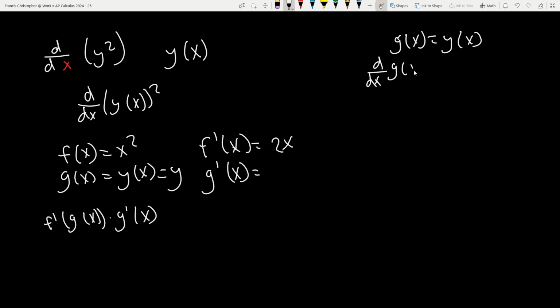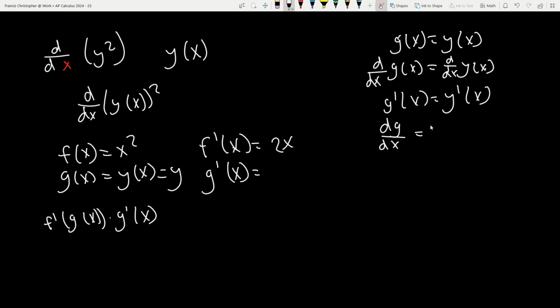So we get d dx g of x equals d dx y of x. And this becomes g prime of x, and this becomes y prime of x. But you can also think of it as dg over dx and dy over dx. I'm going to use this because that's what we're going to be solving for later on, but you can also use y prime. That's perfectly valid.